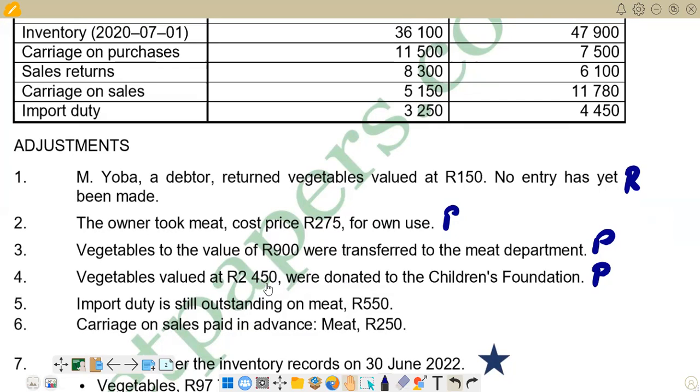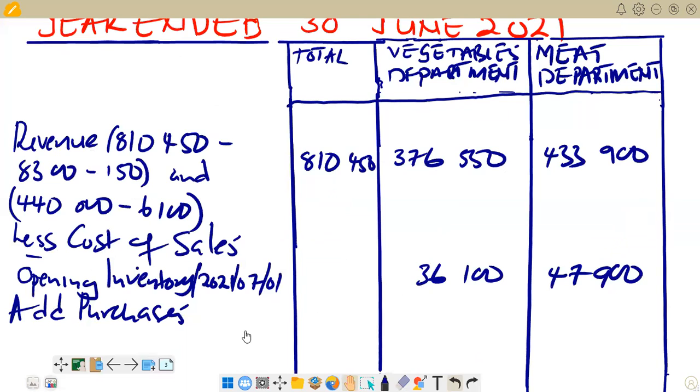So we add credit purchases plus cash purchases. Then we subtract 2,450, and then also we subtract 900. So that's what we are going to summarize there for the vegetables department.